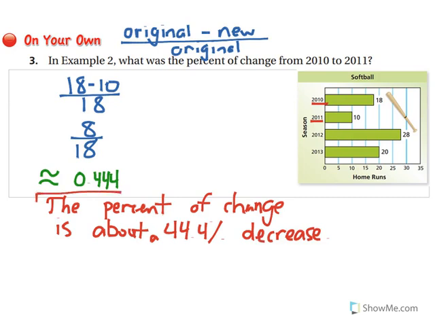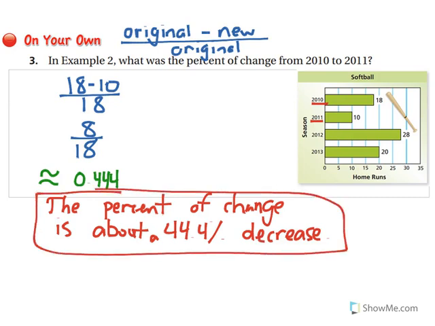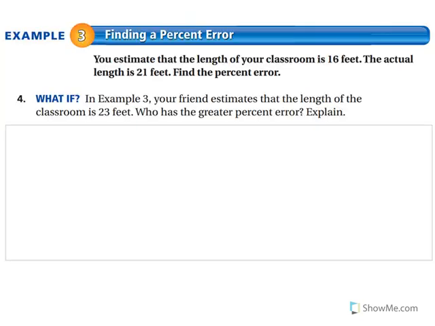All right, so hopefully this was something similar to what you came up with. Let's take a look at our final problem here. Number 4. It says, in example 3, which I've placed right up here for you, your friend estimates that the length of the classroom is 23 feet.